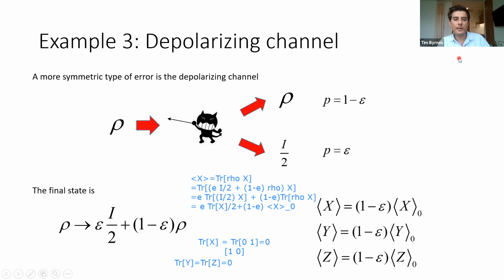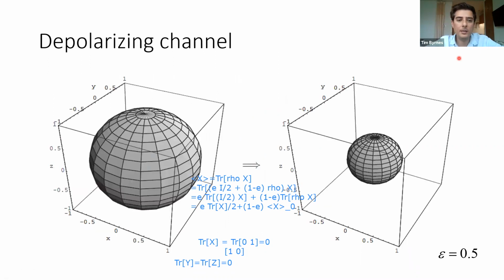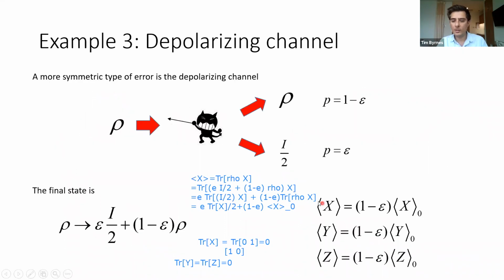And so finally, we can visualize this in terms of the Bloch sphere again. The way this one works is it's more symmetric. If you look at this, it's easy to see that the final value on the Bloch sphere is just the original value multiplied by some constant.